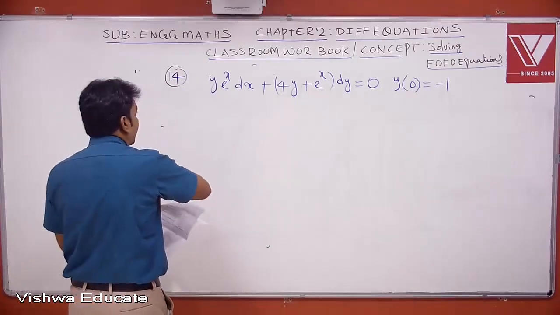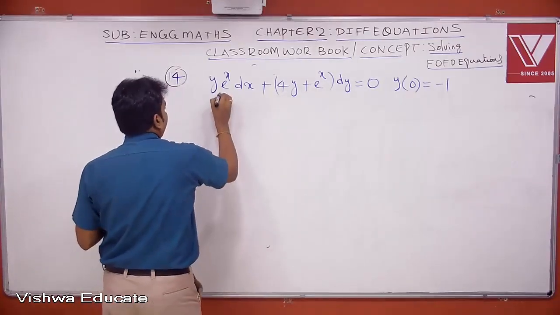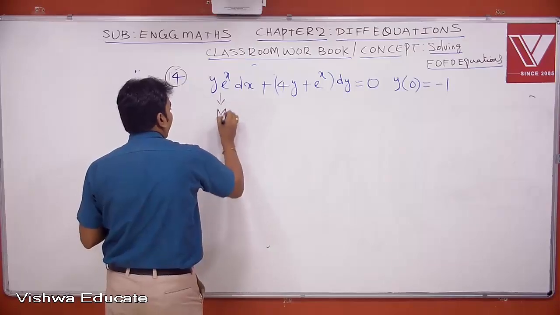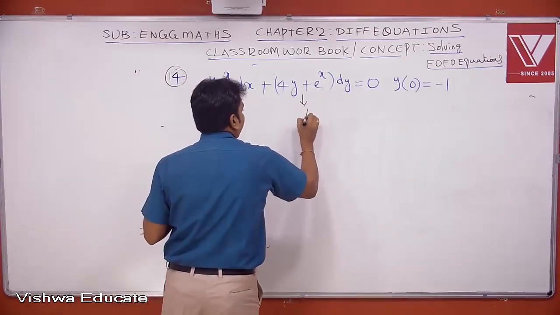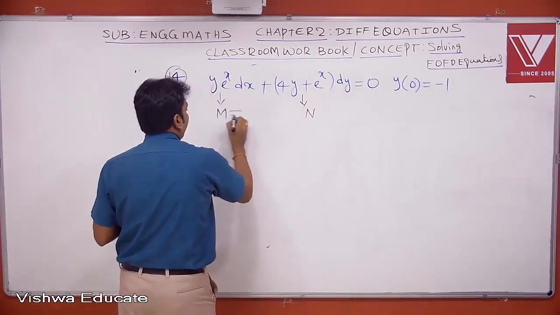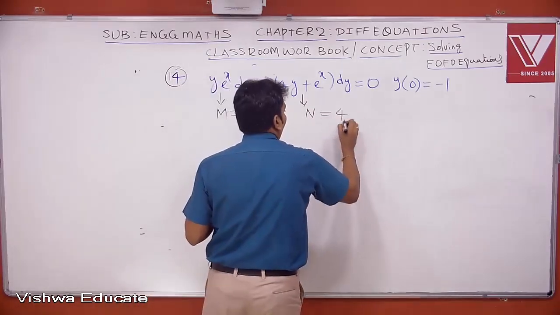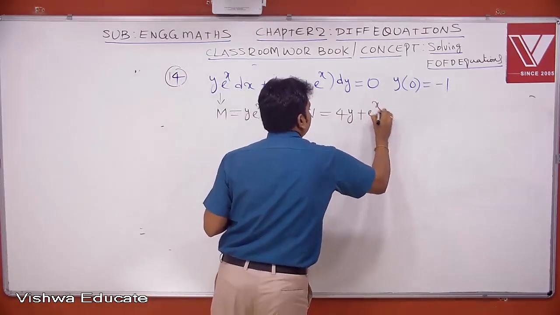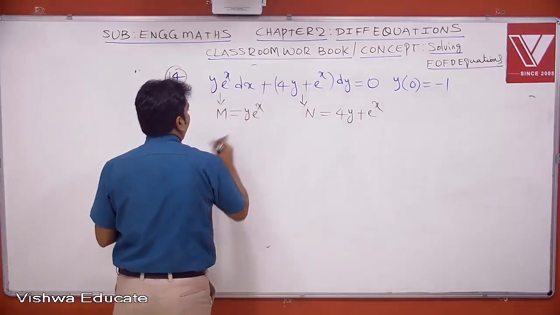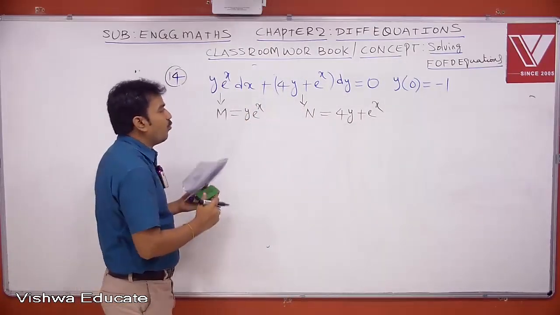Now this equation is in the form M dx plus N dy equal to 0. So this is the M value and this is N. So what is M? M is y times e power x. N is 4y plus e power x. Now this cannot be handled by separating variables.